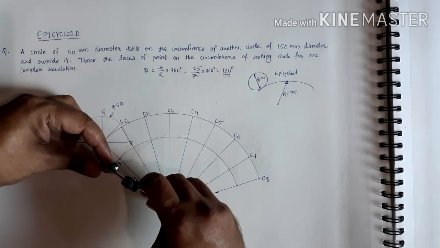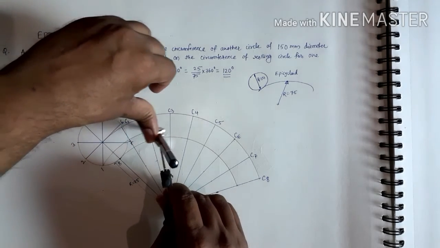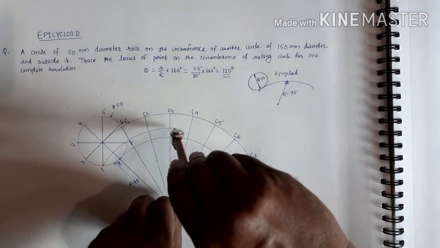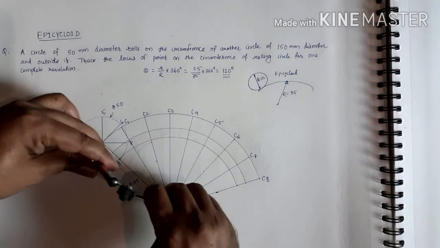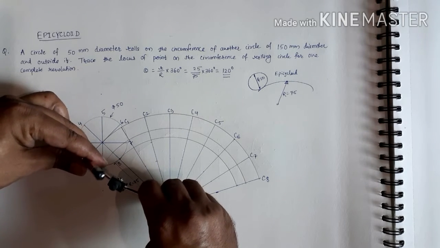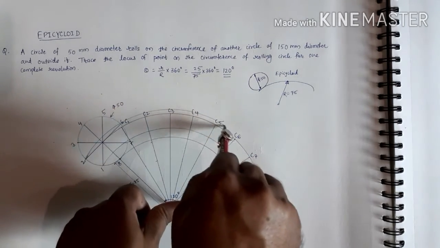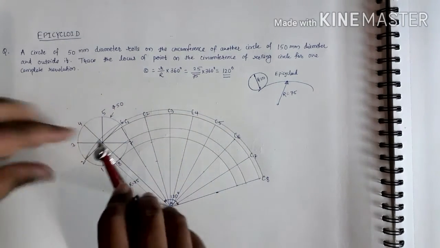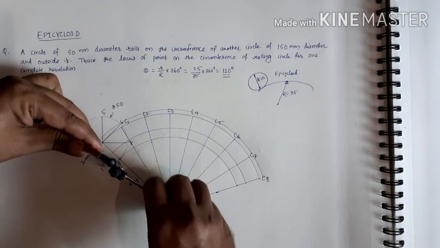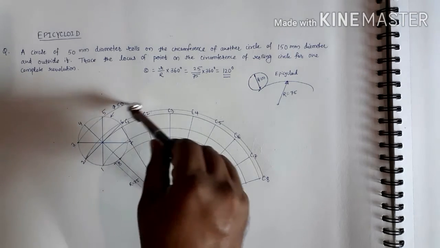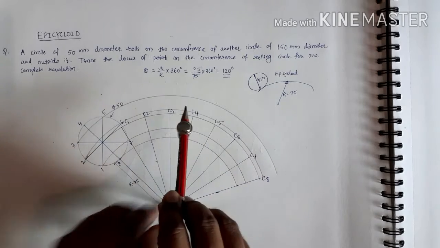Now draw an arc from point 1 for one revolution, that is 120 degrees. Again from point 2, then from point 3, from point 4, from point 5, 6, 7 and 8 respectively. So this is the fourth step.